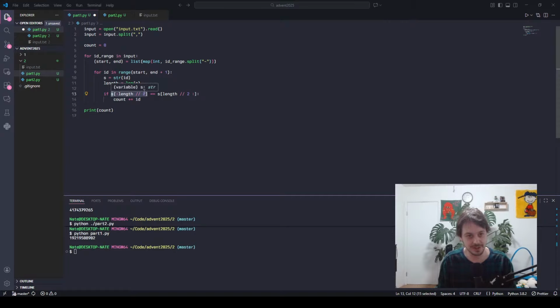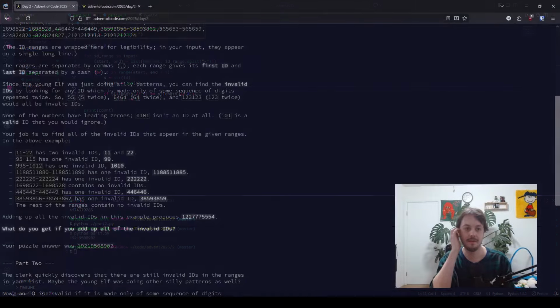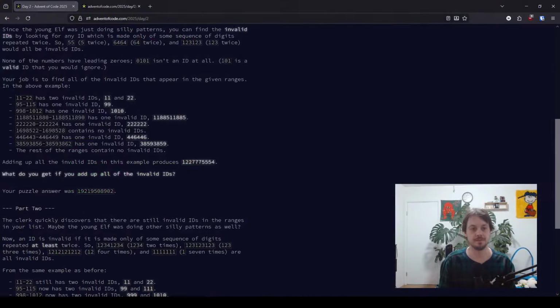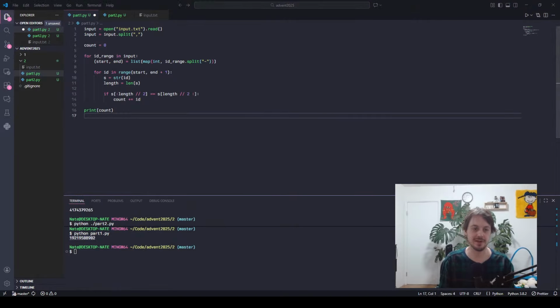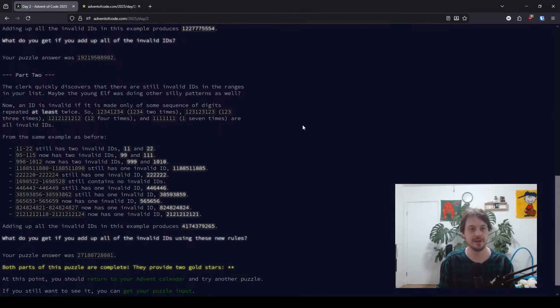So I get the first half of the string, and the second half of the string. I see if they're equal, and if they are, then I increment my total by the original ID, which is still an integer because we parsed it into an integer here. So that works. I just ran it down here. It gets my answer for my particular input.